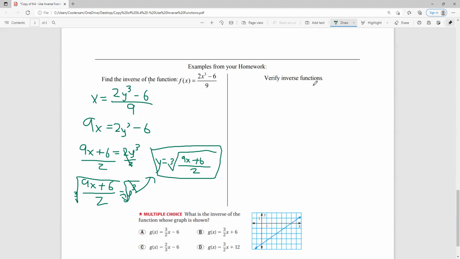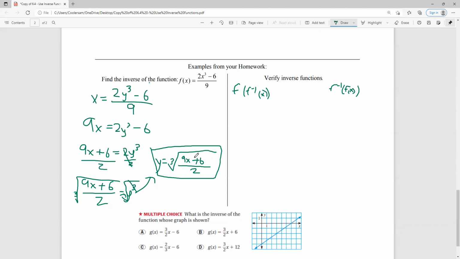This is the inverse of this. Now, if we're going to verify that this is the inverse, we have to do f of the inverse of x, and we have to do the inverse of f of x. So we have to do the composition both ways.